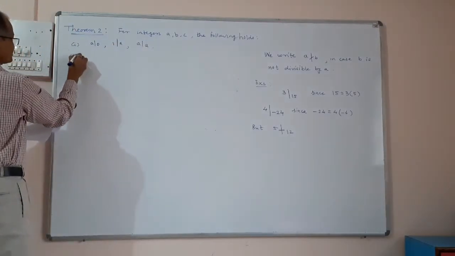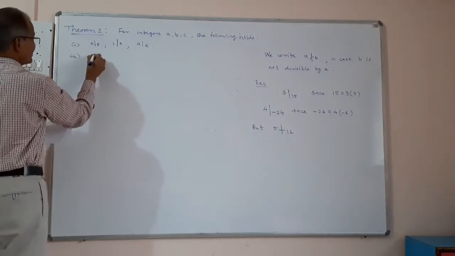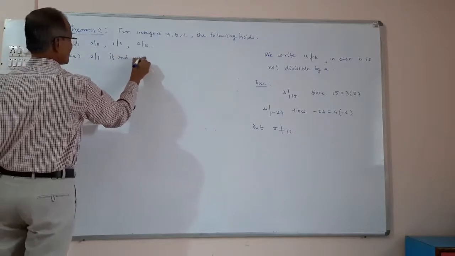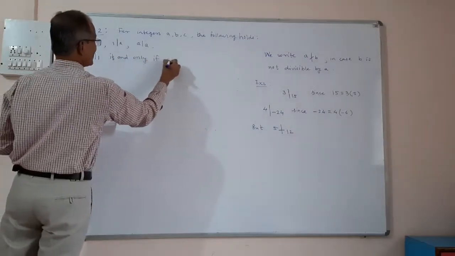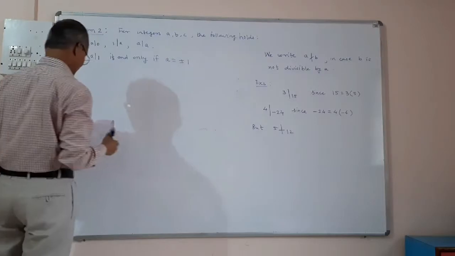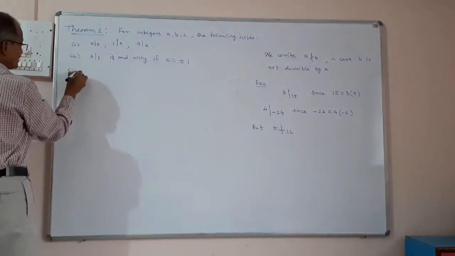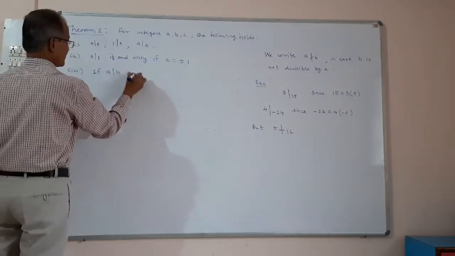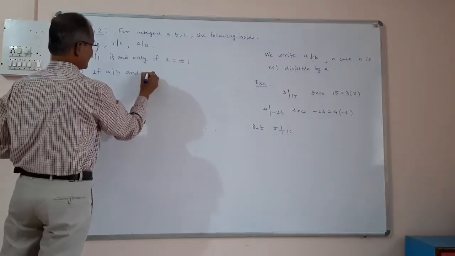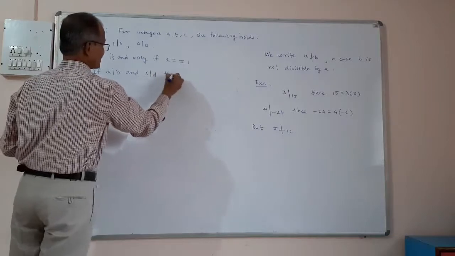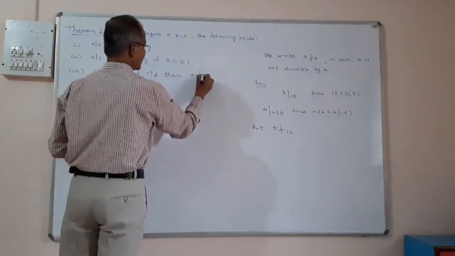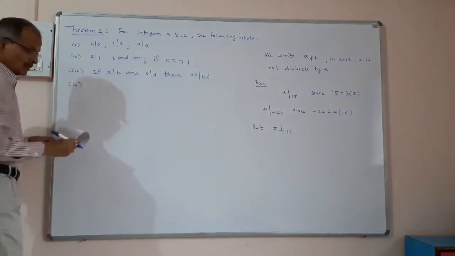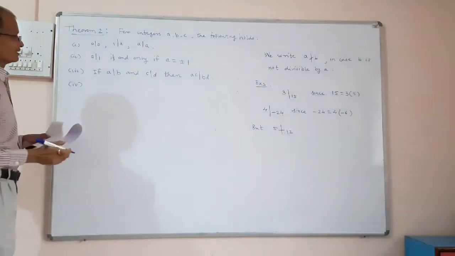Second, a divides 1 if and only if a is equal to plus or minus 1. Third, if a divides b and c divides d, then a into c divides b into d. We shall list these results and then we shall see the proof.